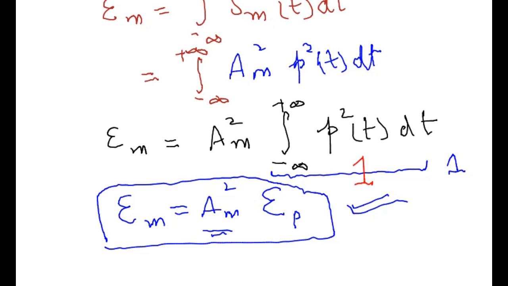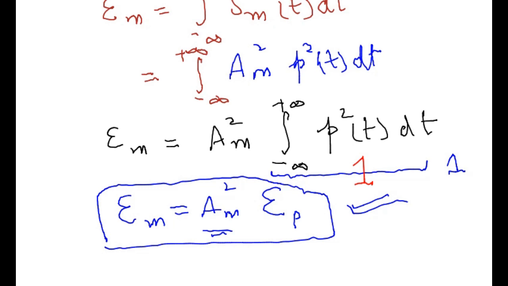So we can compute the energy of the signal. Similarly, the energy E sub p, as I just said, is the energy of the pulse p of t.